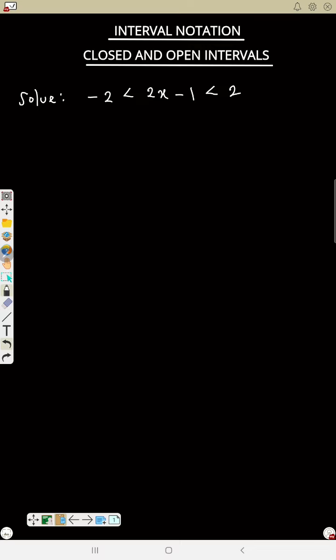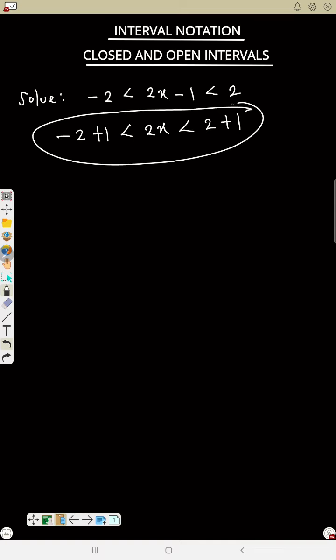Now if we solve this together, we collect like terms, meaning how can you remove this 1? You add 1 to both sides. So this becomes minus 2 plus 1, which is minus 1, is less than 2x, then less than 2 plus 1. That is how I do it straight with one interval.